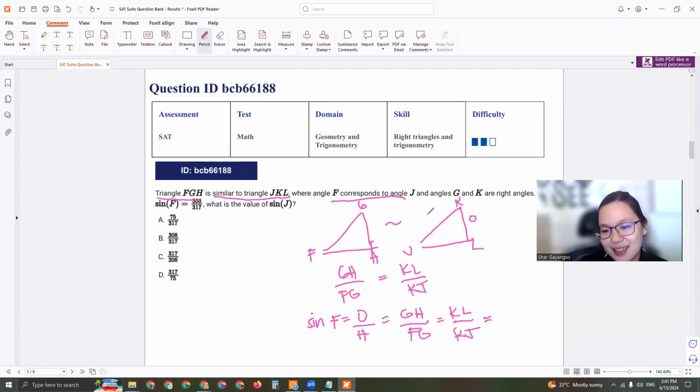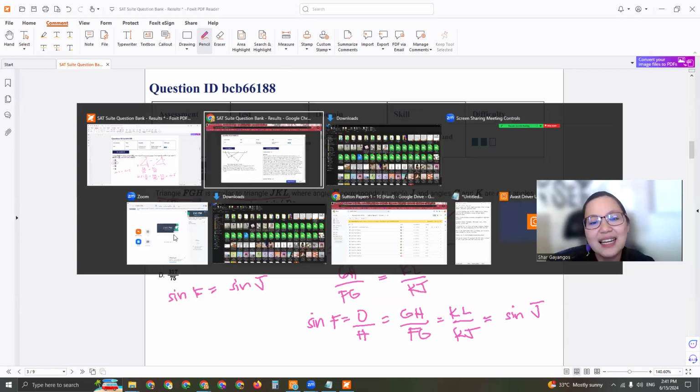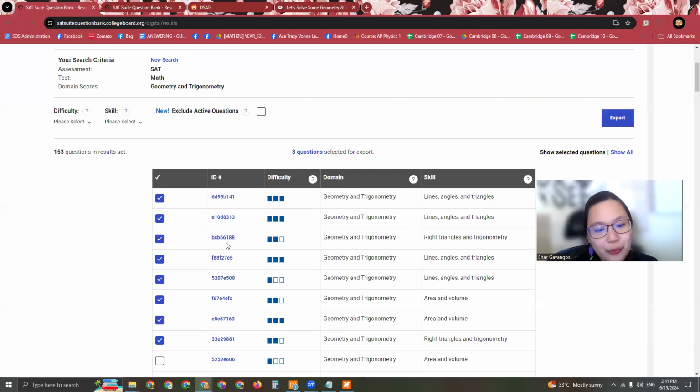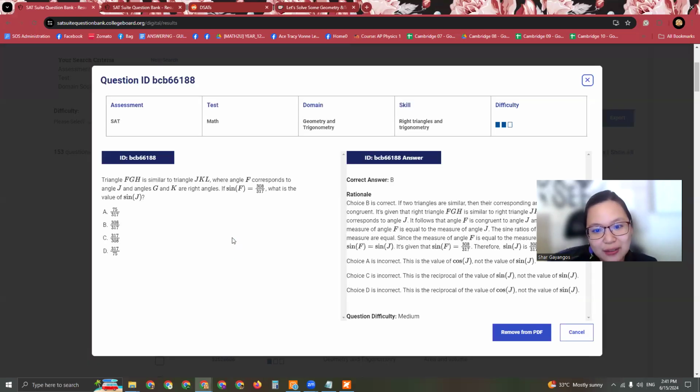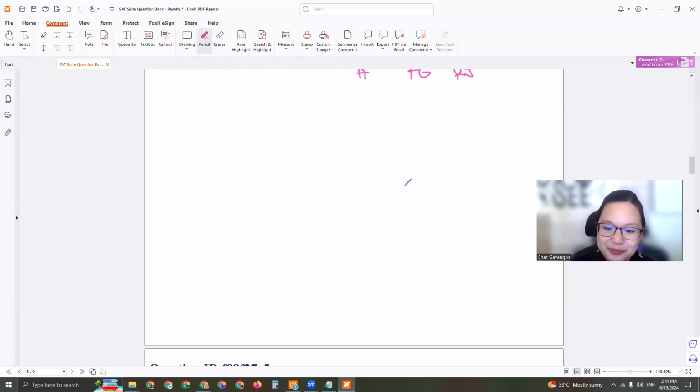This is opposite and this is hypotenuse. So meaning this is also equal to sine J. So we've connected the relationship between the two. So meaning sine F is actually equal to sine J. And in fact, this is equal to 308 over 317. And again, when you're working on your own, just go ahead and double check your work. Okay, we got B.